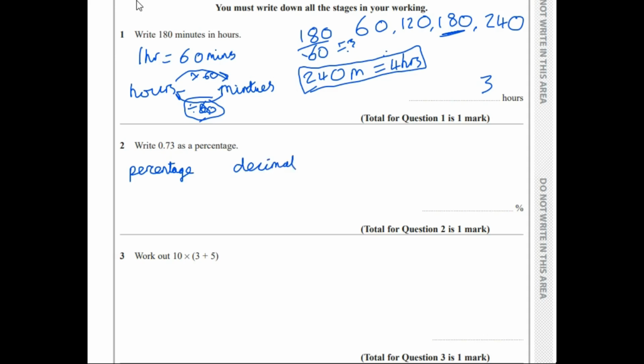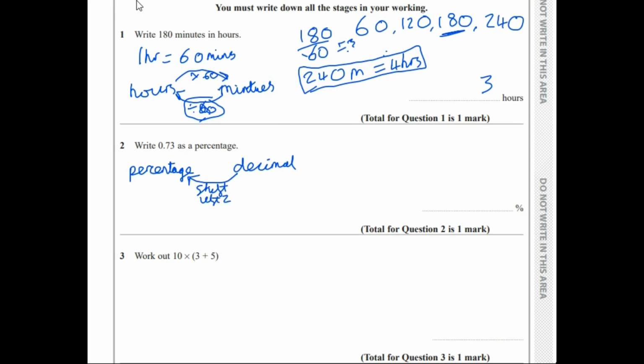We want to find a percentage, and we've got a decimal. So we're starting on the right here, and we're trying to get to the left. To get from decimal to percentage, we have to shift left by 2. So I'm just going to write shift left 2.